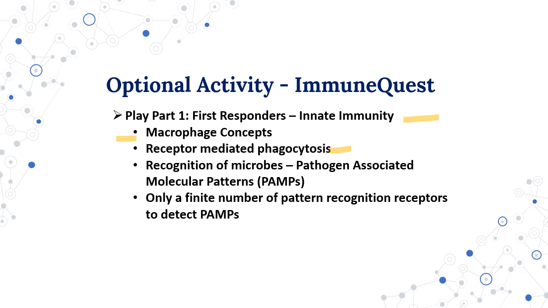So phagocytosis is when the cell takes up stuff. Okay. And you also have recognition of microbes, and not only microbes, but you can also have recognition of damaged cells. So in this case here, they're talking about microbes. So when a cell goes to recognize microbes and is a cell of the innate immune system, then the cell recognizes these patterns, okay?